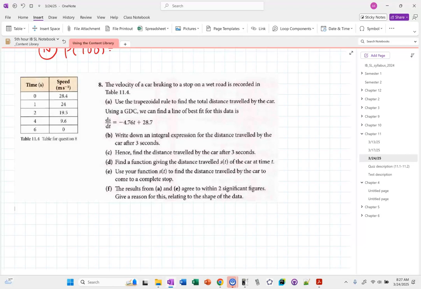All right, I'm just going to do part A of this problem. So it says, use the trapezoid rule to find the total distance traveled by the car. Okay, so I'm going to use the table here.